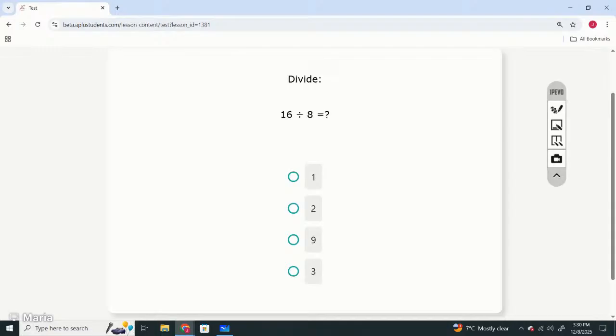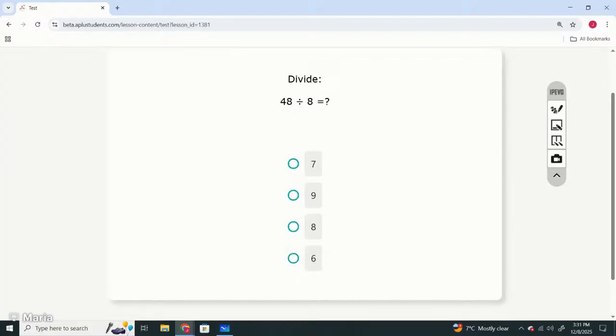So, which is the correct option? Very good. The correct option is 2. 16 divided by 8 is 2.